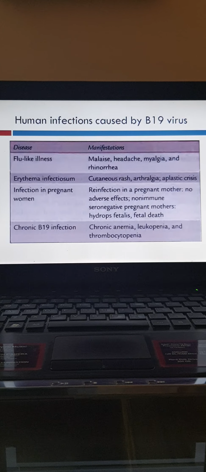It can also cause chronic B19 infection, where it can lead to chronic anemia, leukopenia, and thrombocytopenia. This occurs because it has tropism for the erythroid precursor cells, which is going to affect all the cells which are important in erythropoiesis, causing infection and then destruction, and finally leading to chronic infection by the parvovirus.